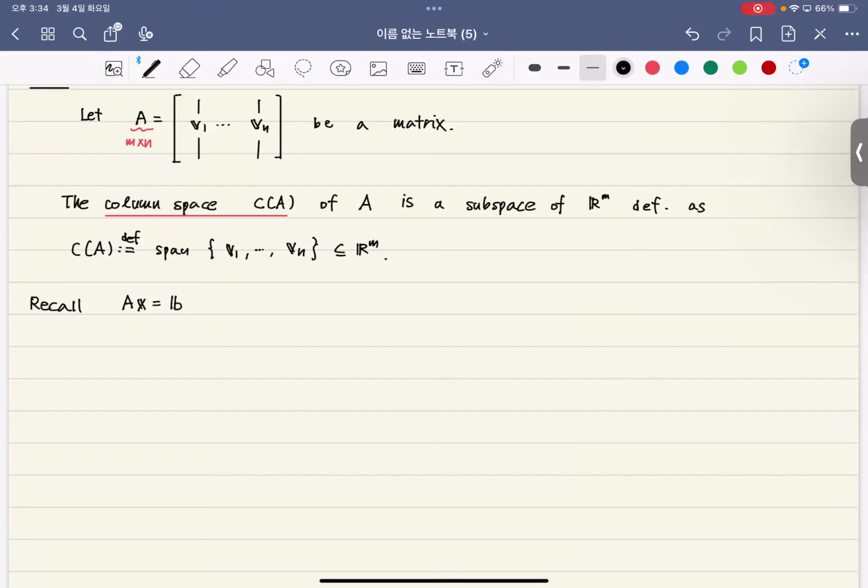This system has a solution if and only if b can be written as a linear combination of these columns. In other words, the system has a solution if and only if b is a member of the column space of A.